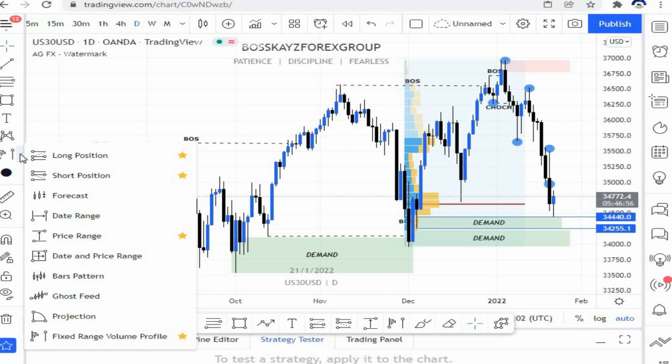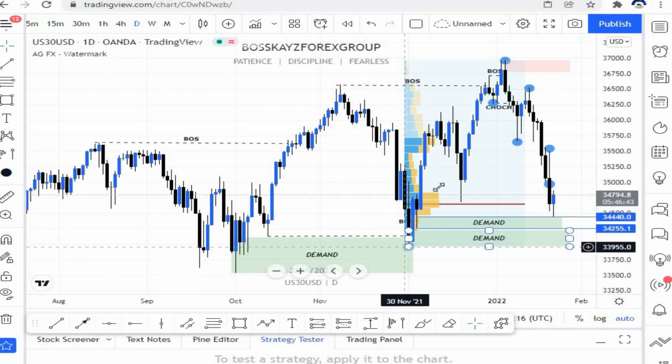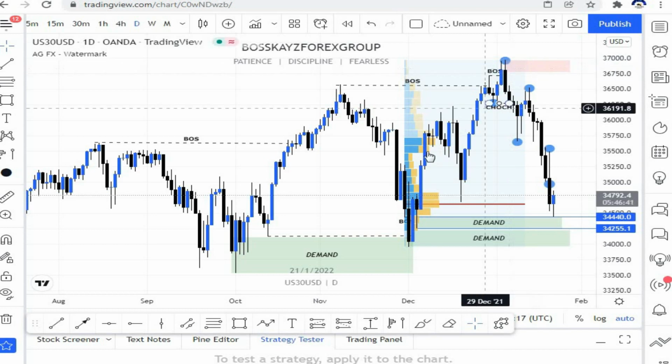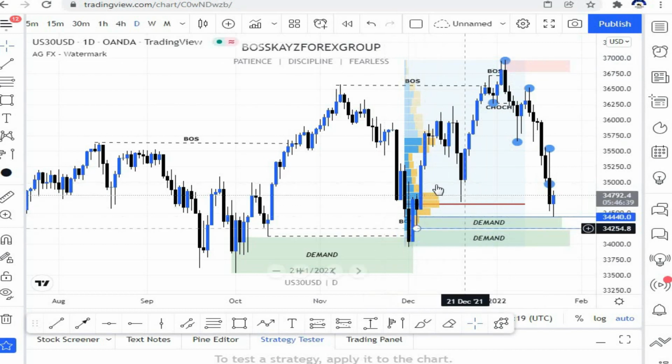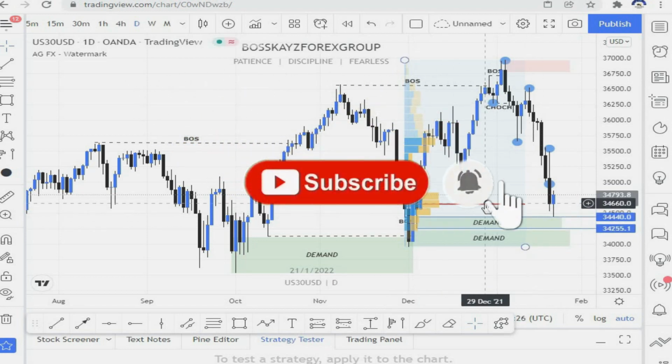Just have to subscribe on TradingView, or you can use it manually. As you can see, this is fixed range volume profile. So what you do if you are using manual, you mark the low and you mark the high, and it will show you where the big banks are putting the orders.